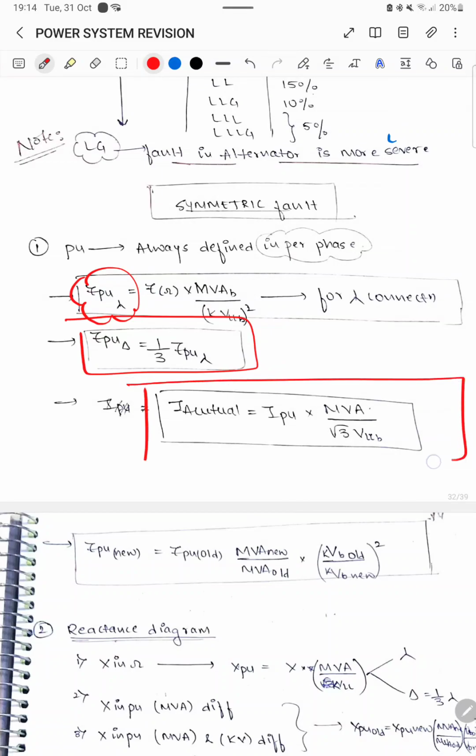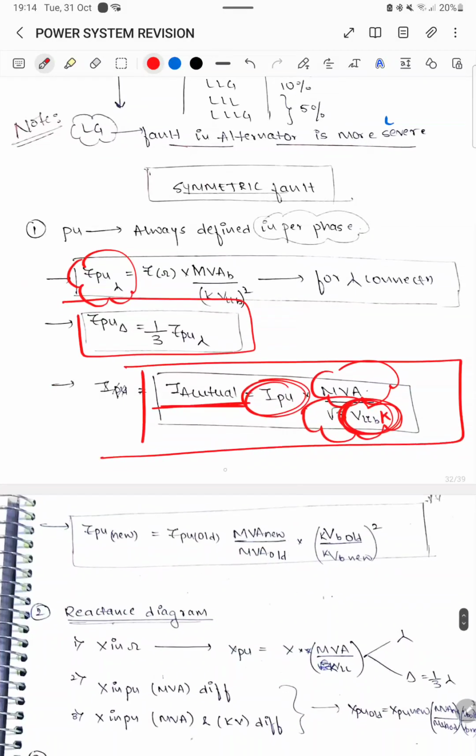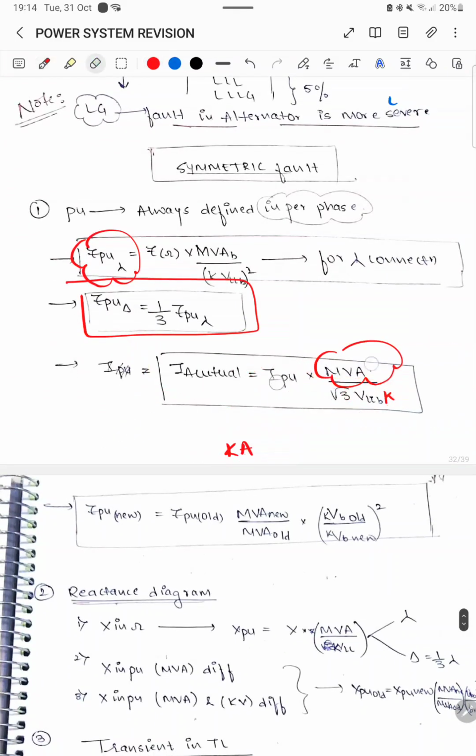Another important formula is I actual is I per unit into MVA upon root 3 V LL. Mostly voltages will be in kilovolts, so current will come in kilo amperes. Please take care of the units. So I actual is I per unit into MVA upon root 3 kV.